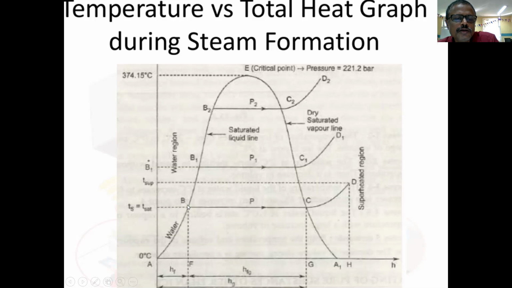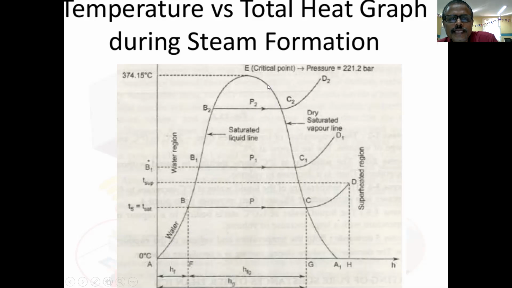That is the zone between B and C, and if the pressure is P1, B1 to C1, and B2 to C2. From here to here, this zone is the water plus steam zone. You can have wet steam in this zone.